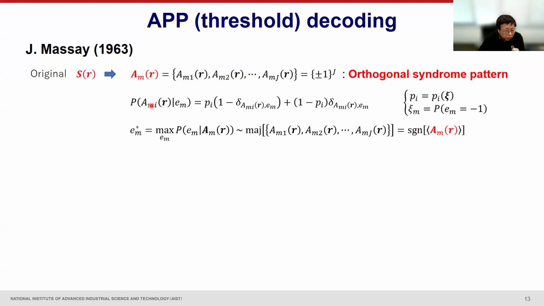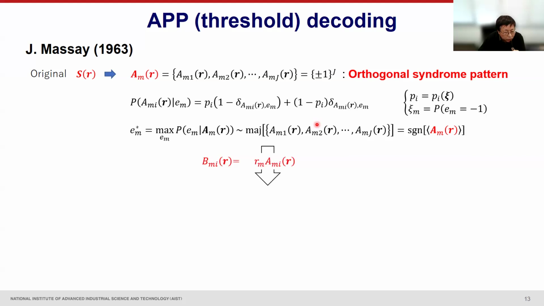Using this result, we can infer the error pattern E by majority voting for the syndrome pattern A, that is derived from the syndrome pattern S.